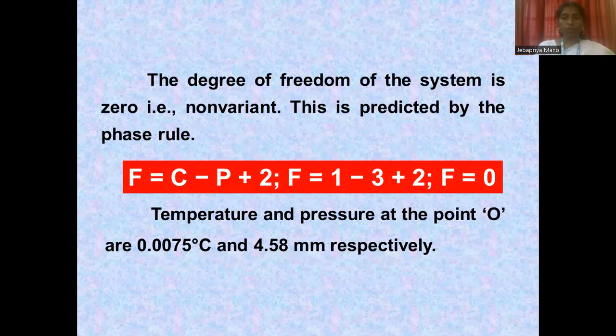It means we don't need any independent variable to explain the point at which all three phases are in equilibrium. If the pressure is 4.58 millimeters of mercury and the temperature is 0.0075 degrees centigrade, at this particular temperature and pressure the system will be in equilibrium with all three phases. That point is called the triple point.